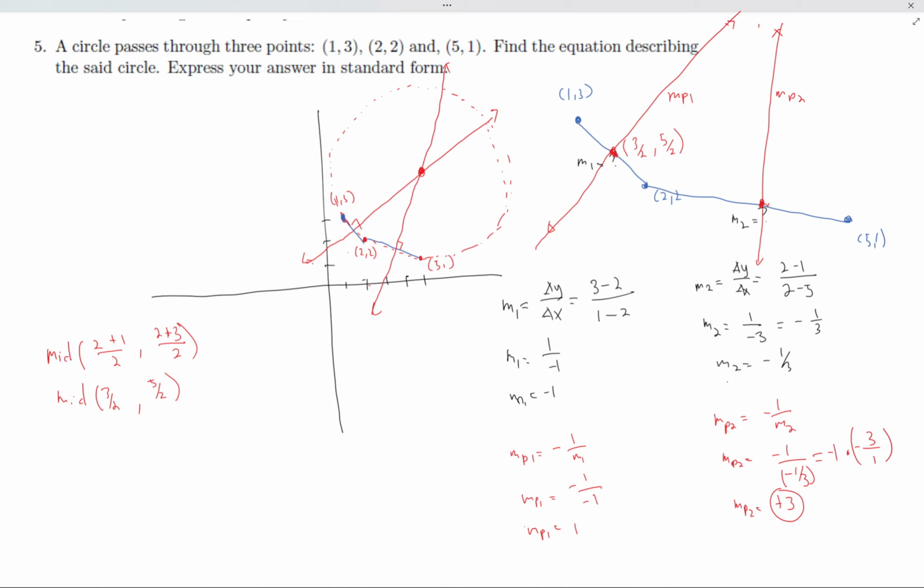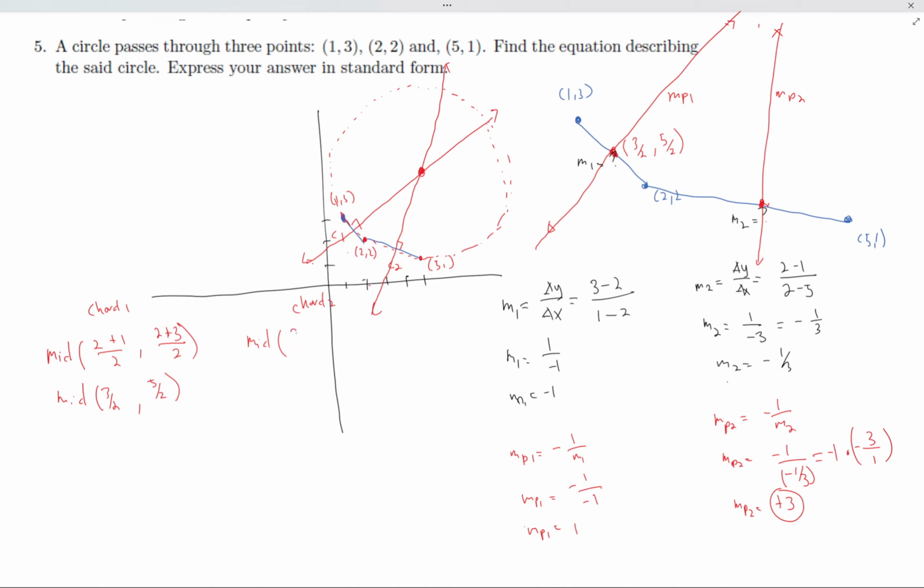Now for the other one, we're just solving for a midpoint again. Let's call these chord 1 and chord 2. This is chord 1 and this is chord 2. For the midpoint of chord 2, we're just averaging again the x coordinates and the y coordinates.